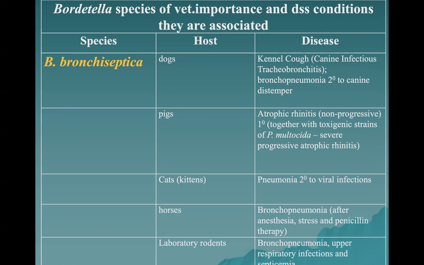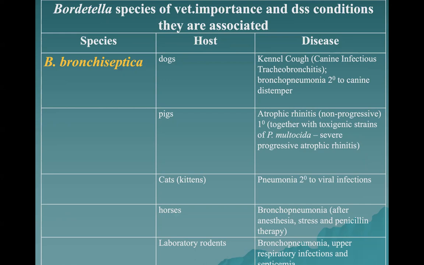It can cause bronchopneumonia secondary to canine distemper disease, which is caused by a virus in dogs. In pigs, it can cause non-progressive atrophic rhinitis, together with the toxigenic strain of Pasteurella multocida that is known to cause severe progressive atrophic rhinitis.